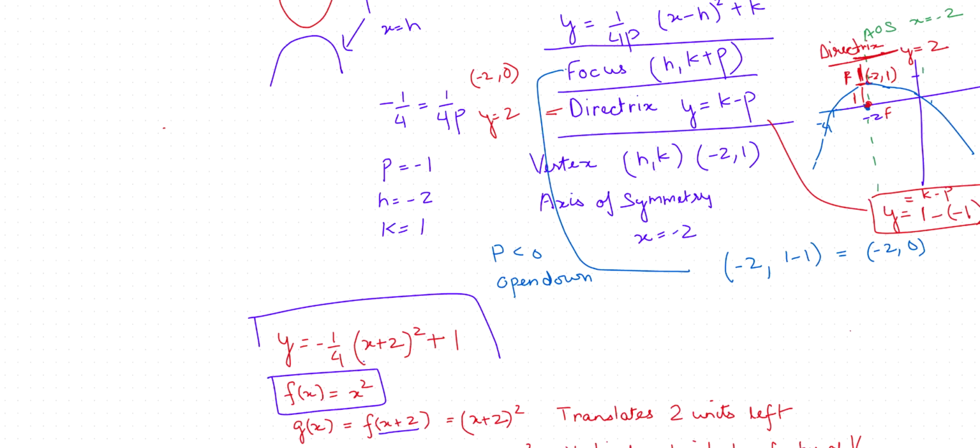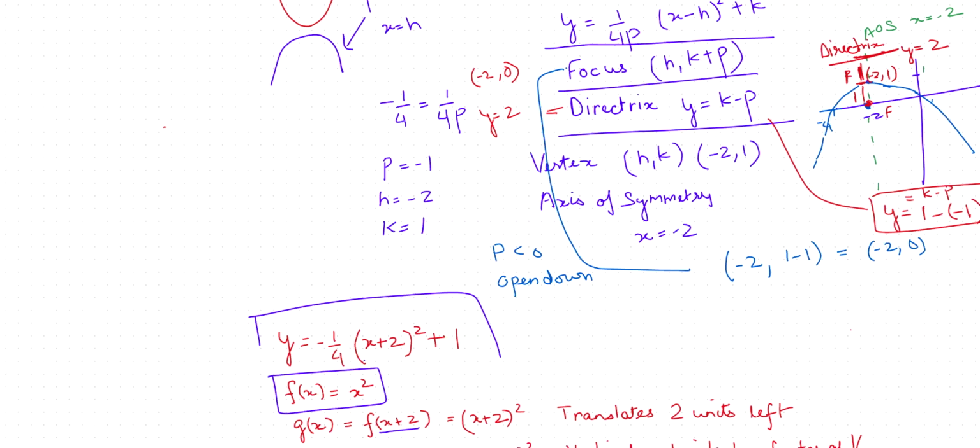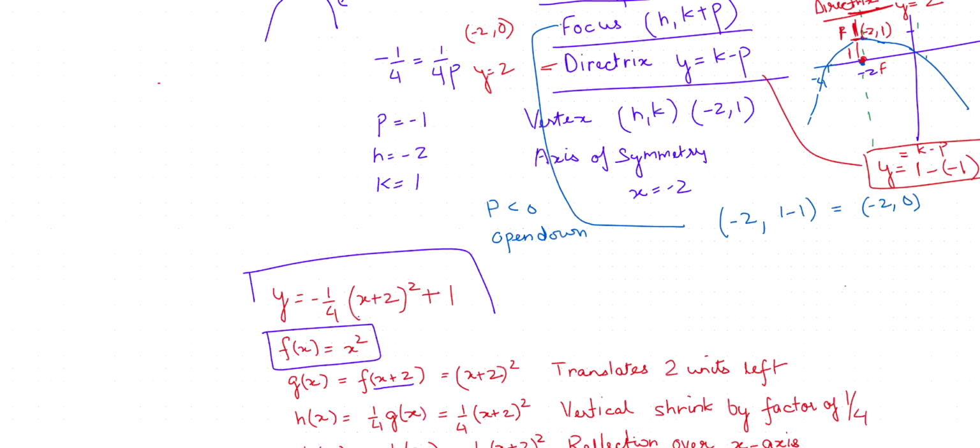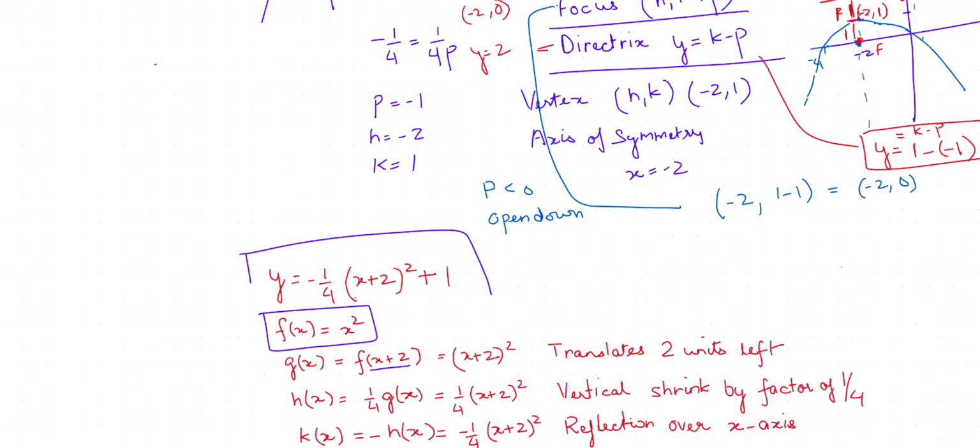The next step is it is multiplied by 1/4. So we'd say it is a vertical shrink by a factor of 1/4. Okay. And our function is 1/4 g(x), 1/4 (x plus 2) squared.